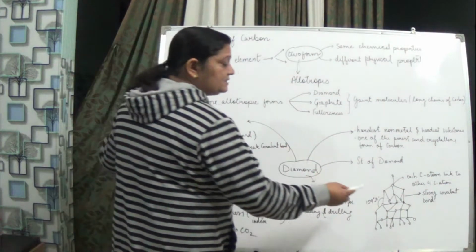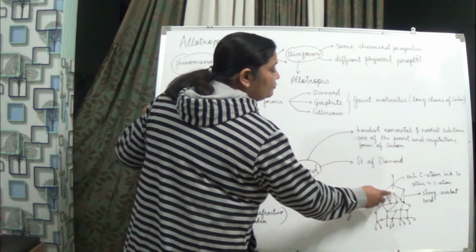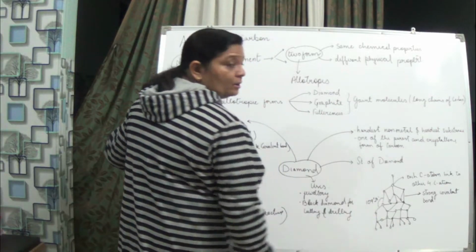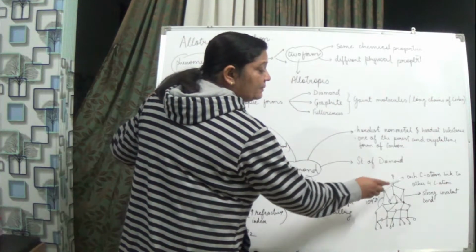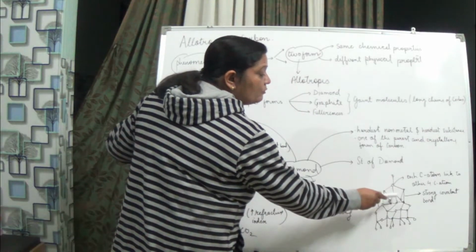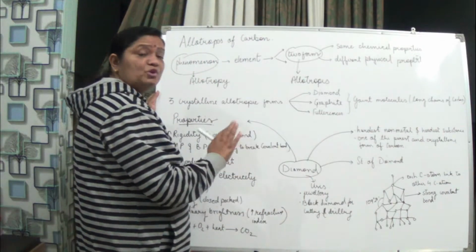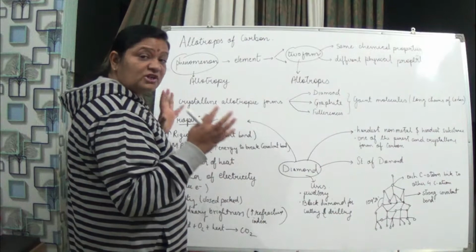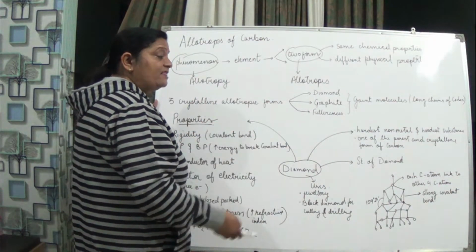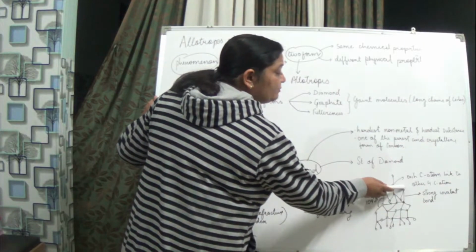Here we can see one carbon atom is joined to other four carbon atoms. So when it is being linked, no space is left empty, and as a result it forms a compact structure, and the bonds present between them are covalent bonds, making it what?